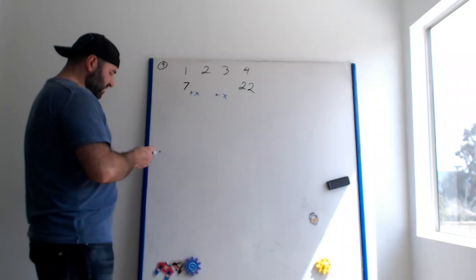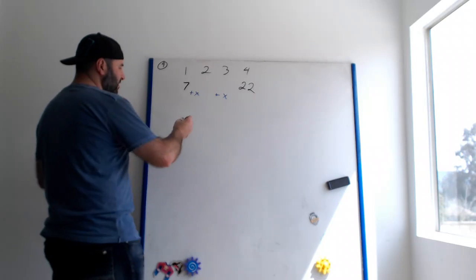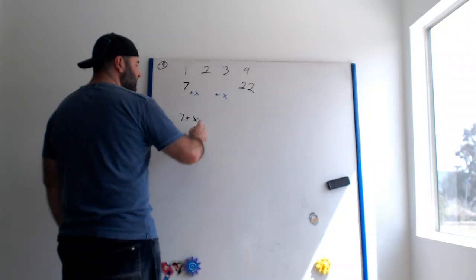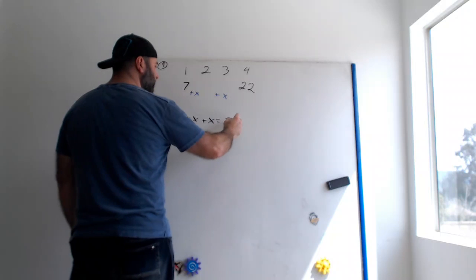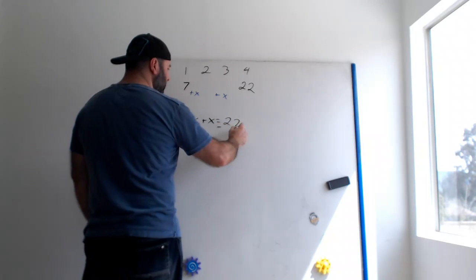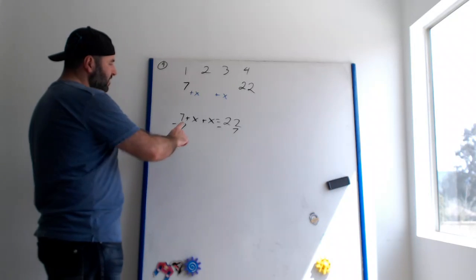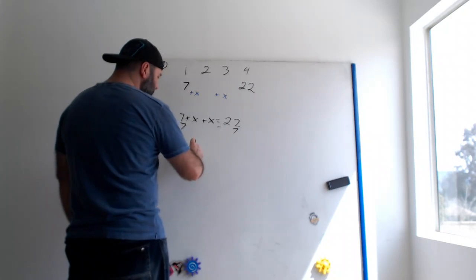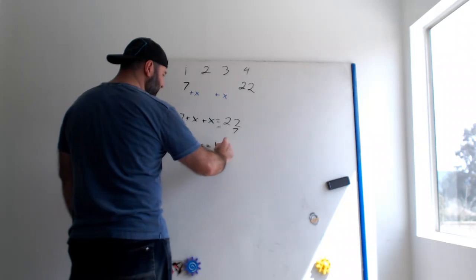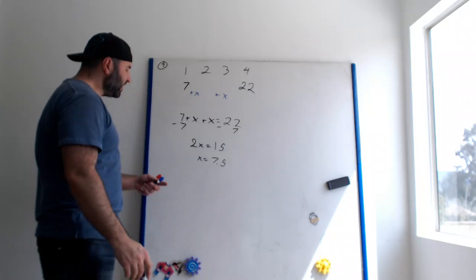So my equation is now going to be 7 plus x is 22. And we can solve. We get 2x is equal to 15. So therefore x is 7.5. And then test it out.